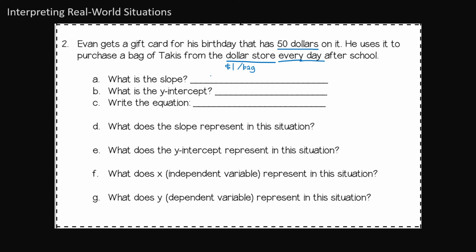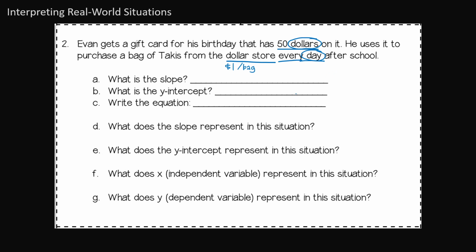Let's also, while we're at it, look at the units we're using. I know that we're using dollars for sure. And it looks like the other unit we're using is the number of days. So those are the things that are changing in this situation.